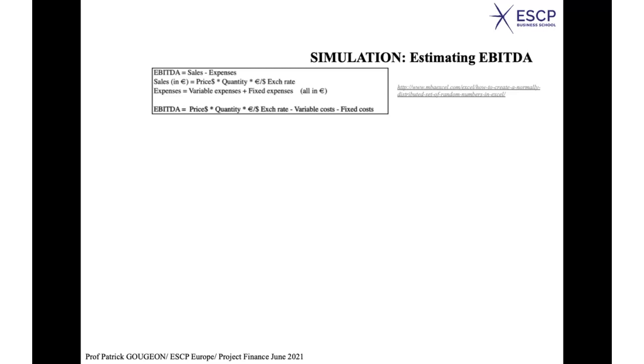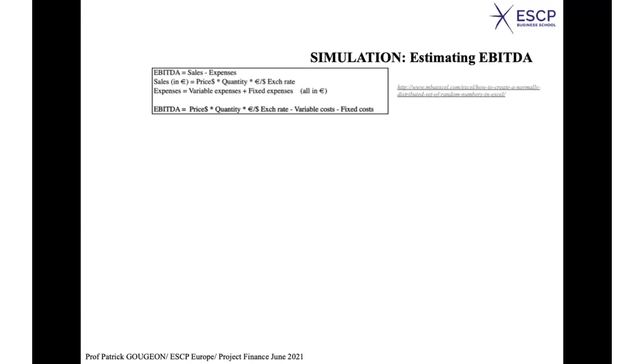We will make a distinction between variable expenses and fixed expenses. So the EBITDA, which is our outcome for this case, is the price in dollars times the quantity times the exchange rate, minus variable cost, minus fixed cost.